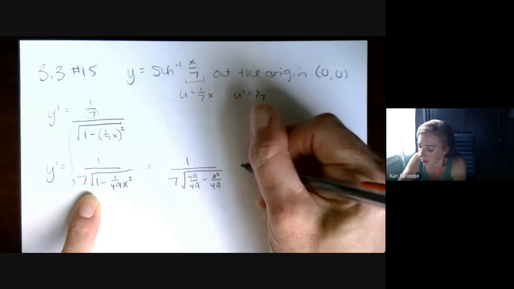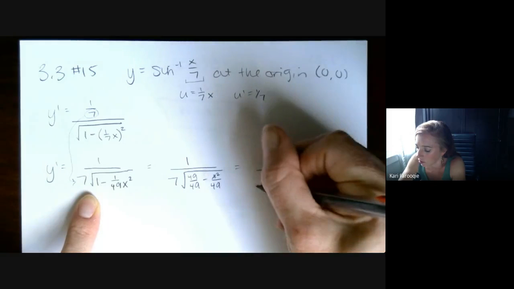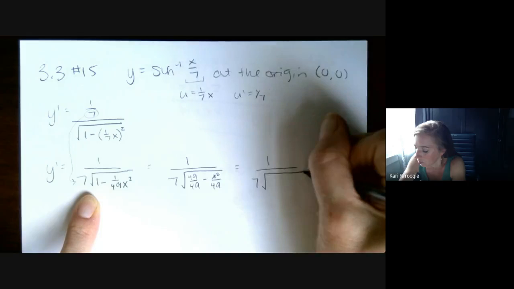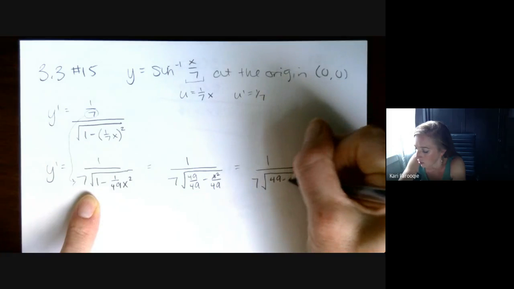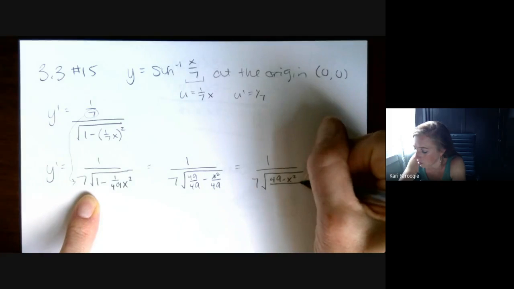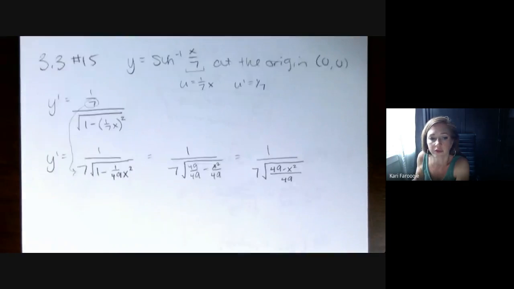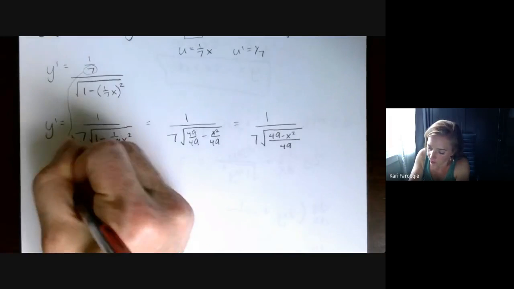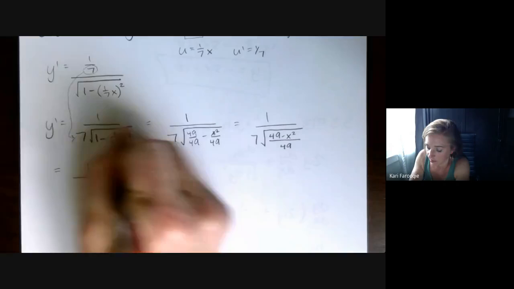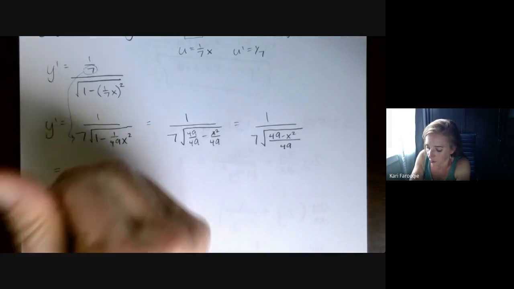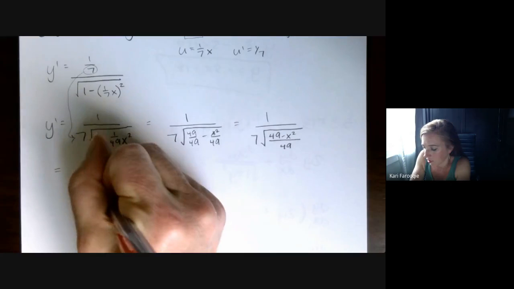You can do that, and then you'll have 1/7 times the square root of 49 minus x squared divided by 49. And you might find that this doesn't make it simpler enough that you find it worth it, and that's okay too.